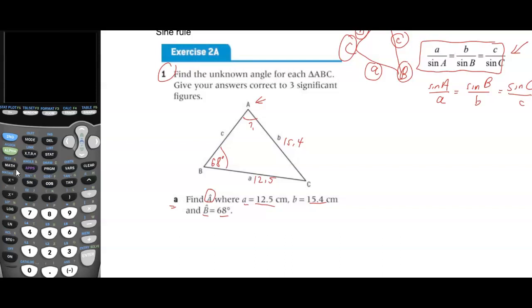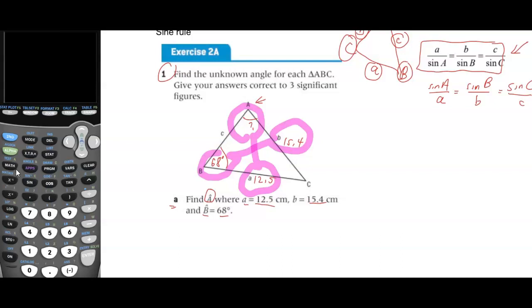works like this. We want to find side angle pairs where we know both of the partners, both the angle and the side, or we want to know one of the two. For example, 68 degrees and 15.4, we know both of the pair, so that's useful. 12.5 and question mark, we know the side and we want to know the angle, so this is also useful.